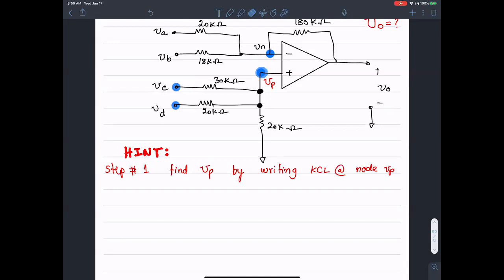Sure. I would suppose we can have the directions of the current from the VC and VD going towards VP. Like so? Yep. Okay, I'll call that IC. VD is this guy. ID is the direction you chose. How about the current in this resistance, 20 kilo ohms?